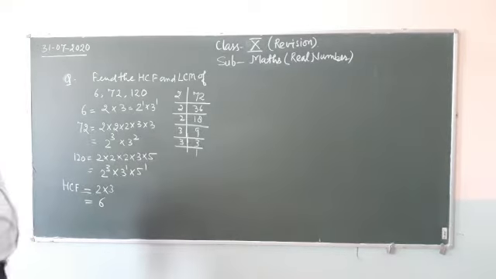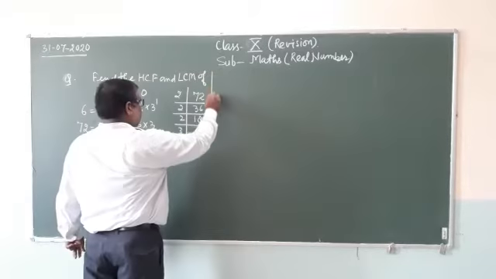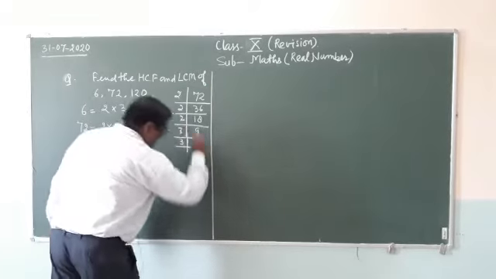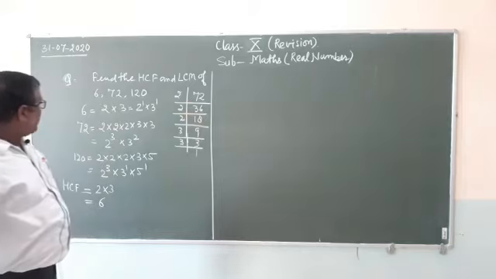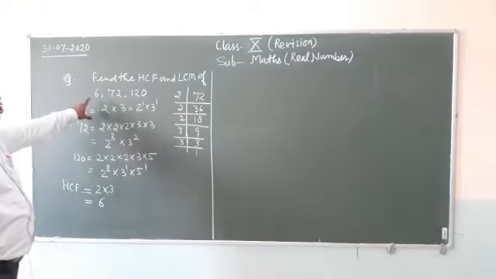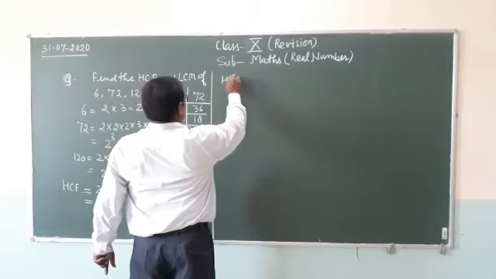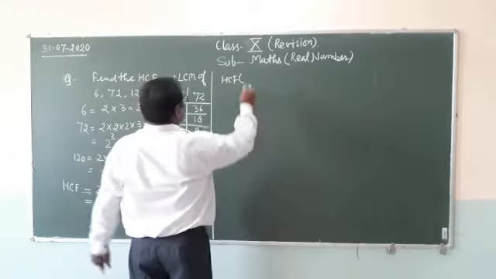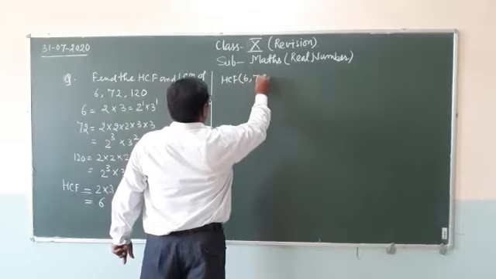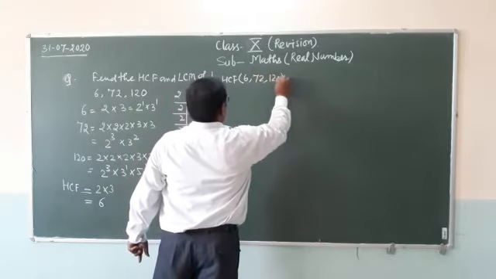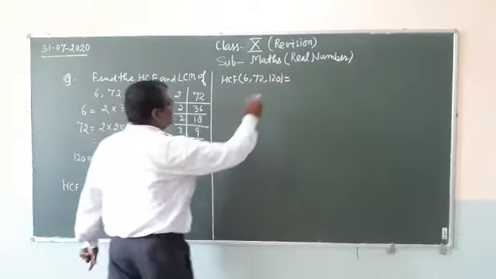Now again we find, by formula we take only 2 numbers at a time. The HCF of 6, 72 and 120 is equal to 6.